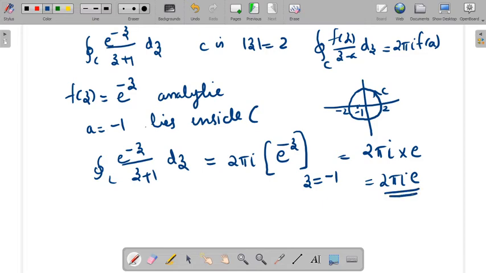So compare it with the expression f(z) by z minus a dz.